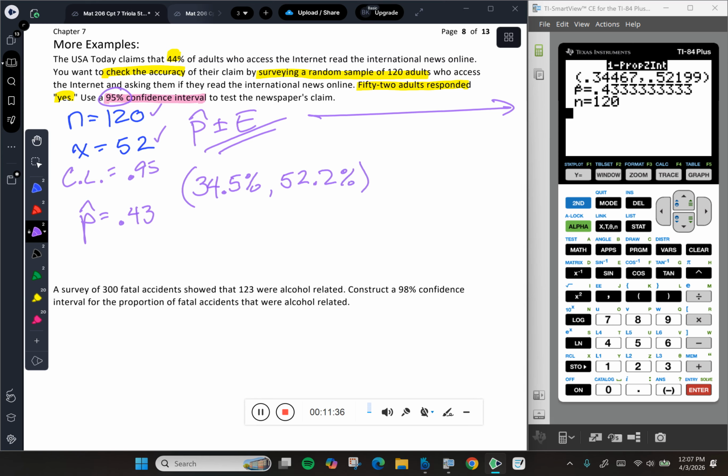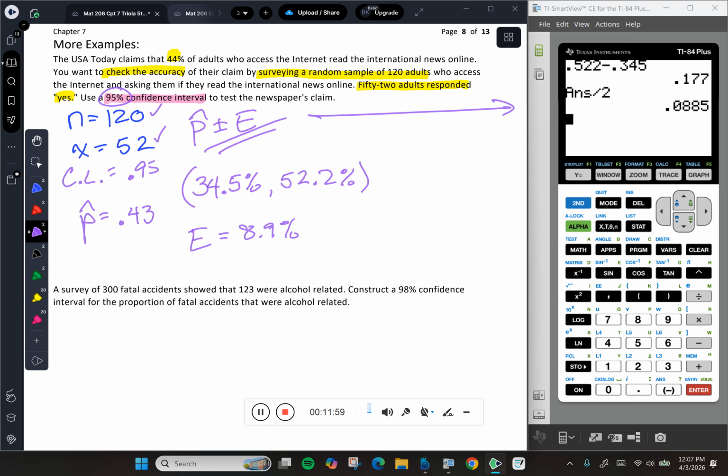Right? If I wanted to know E, I remember how to do that. I'll take the top one, 0.522, minus the bottom one, 0.345, and divide that by 2. And I get that my E is about 8.9% if I needed it, right?